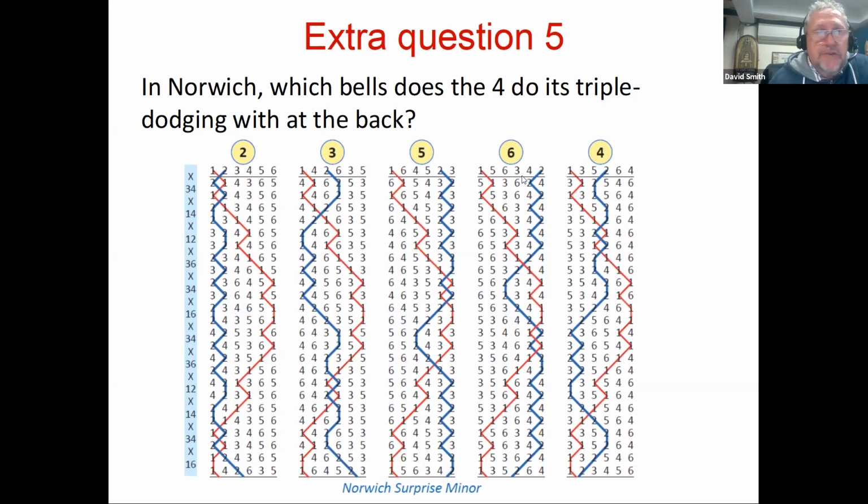A further comment: is anyone familiar with the concept of course bells? I was going to bring that in. We do discuss course bells quite a bit, and we start discussing them when we're doing level 3, at the plain hunting stage. That comes into the syllabus as we're learning to plain hunt.